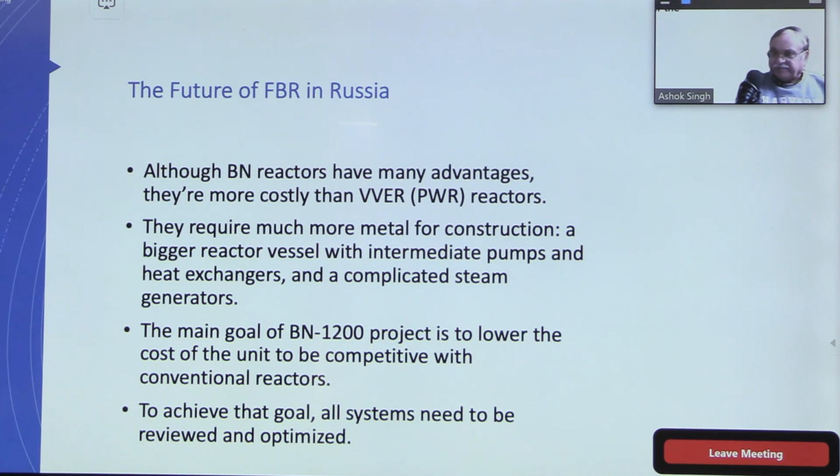Now, we have explained and discussed nuclear energy, India's nuclear technology, stages of India's programs, the current phase, importance of fast breeder reactors.